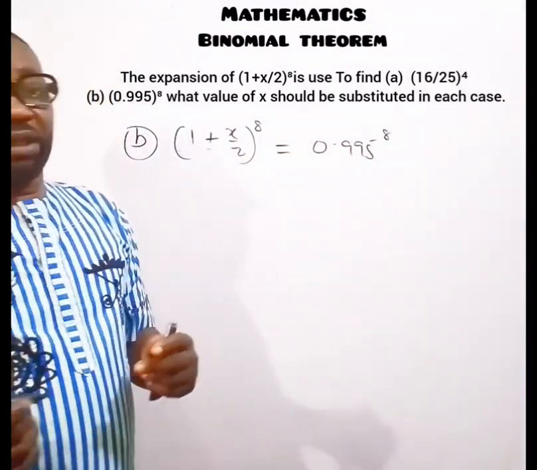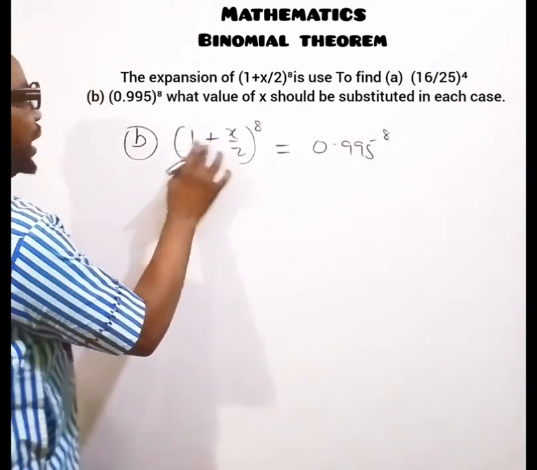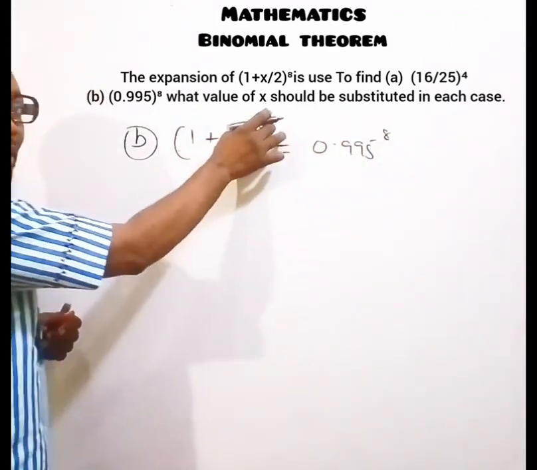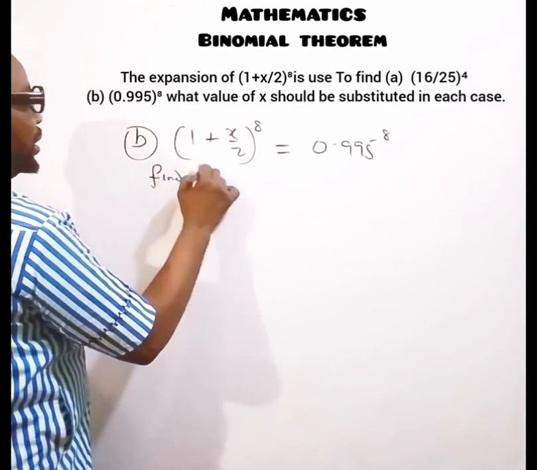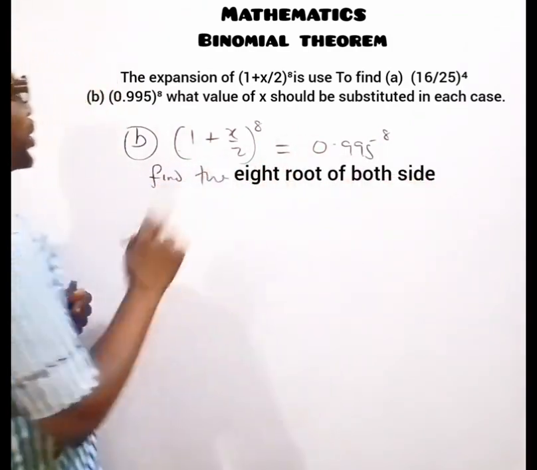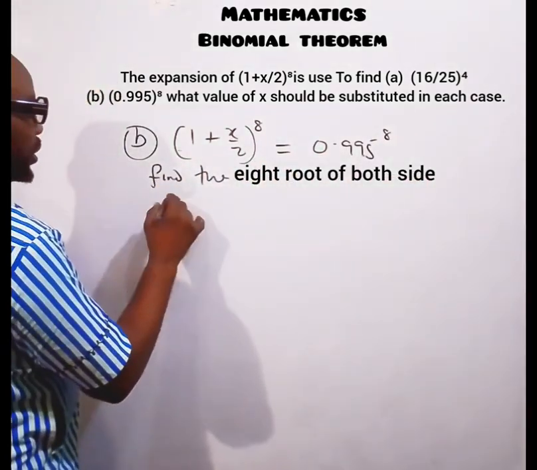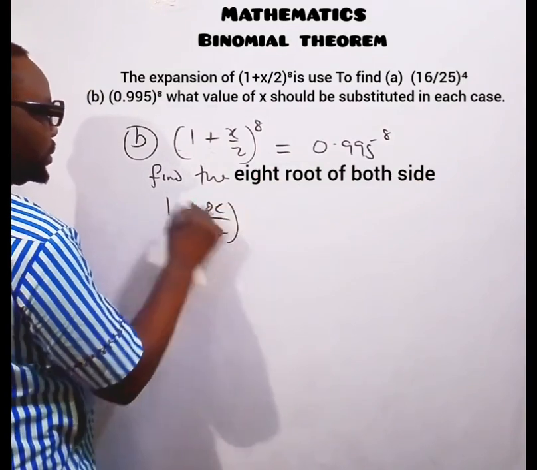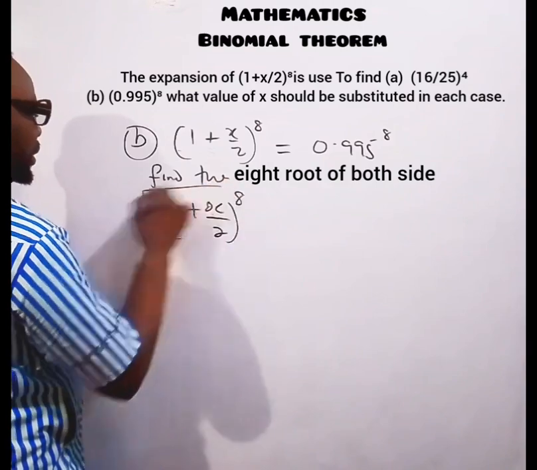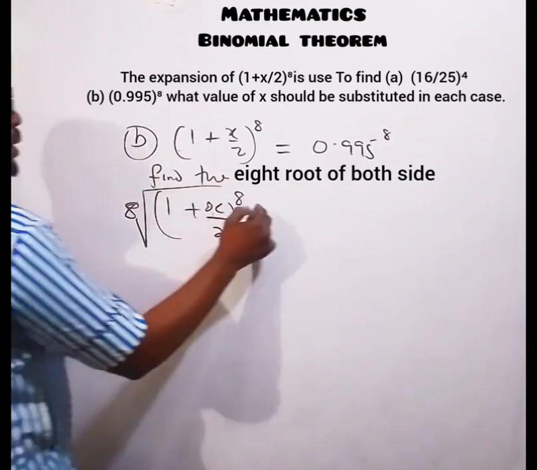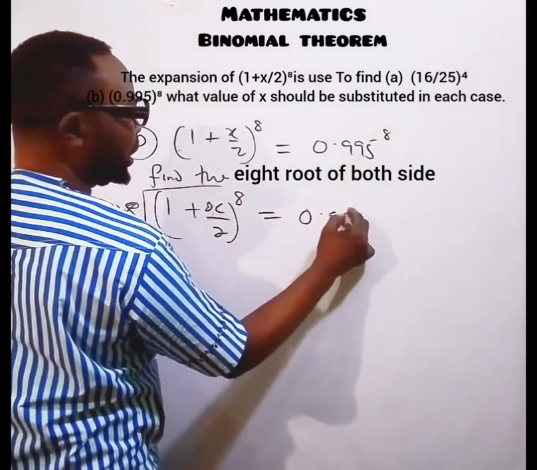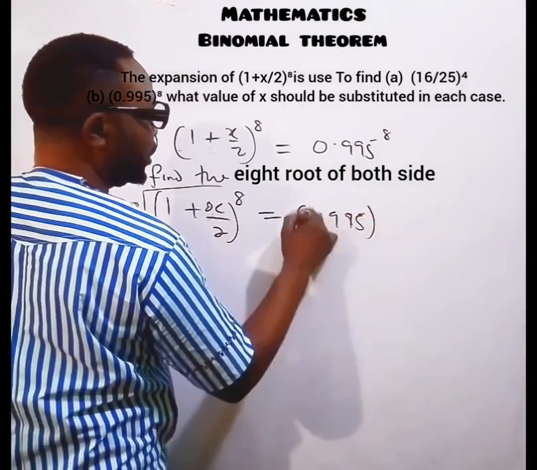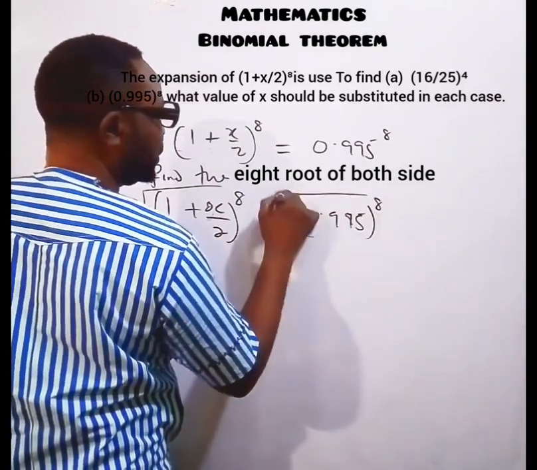And how do we do that? It is by finding the 8th root of both sides. Because there is a power here, we say find the 8th root of both sides. So 1 plus x over 2 raised to the power of 8, 8th root, is equal to 0.995 raised to the power of 8, 8th root as well.